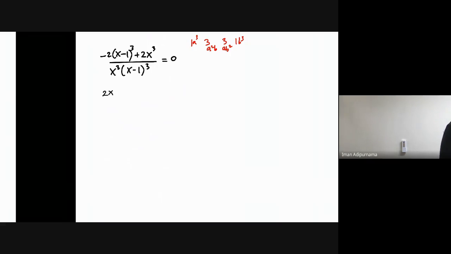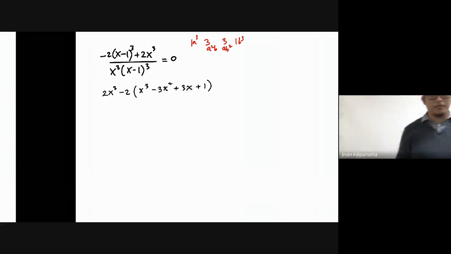So let me write 2x cubed first, and then minus 2x cubed minus 3x squared plus 3x plus 1. Oh, not plus. It should be minus. It's a cube. Okay, sorry.